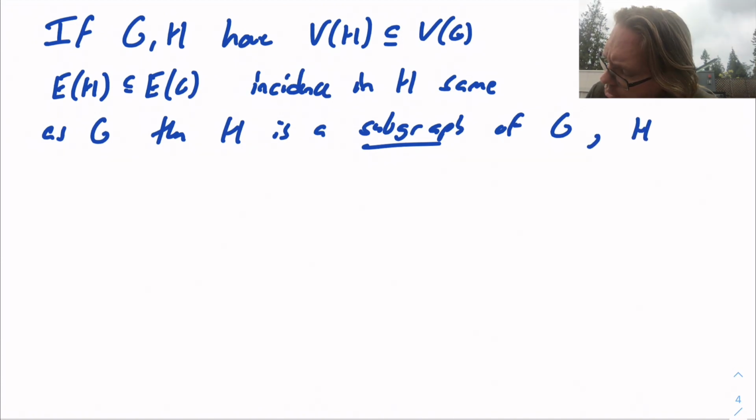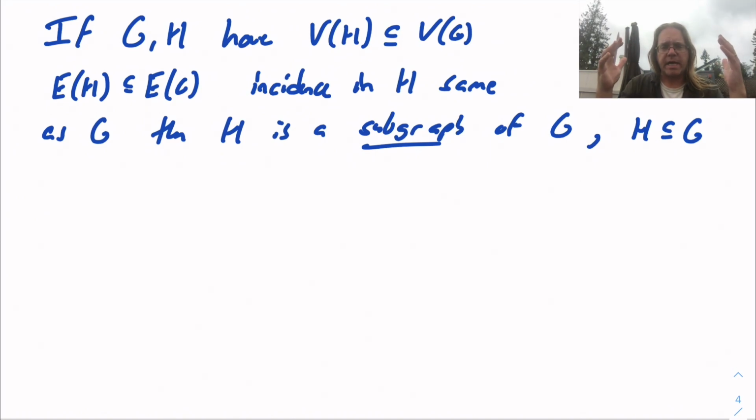We're going to write H ⊆ G, just like you'd write A is a subset of B. So here, in the graph H, you have some but not necessarily all of the vertices, some but not necessarily all of the edges, but incidence in H has to be the same as it is in G. What it means in particular is that if you have some edge of your graph G and you want it to appear in H, then both of the ends of that had better appear as well.